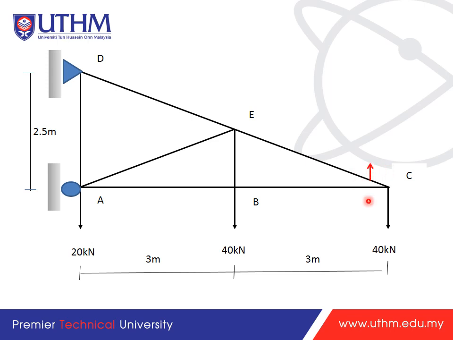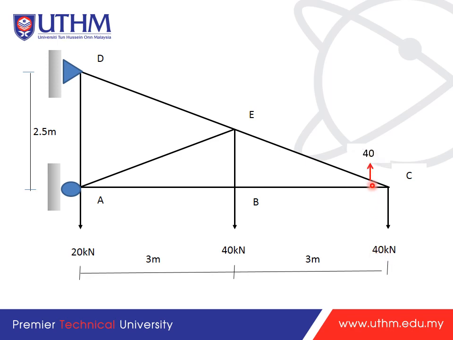So if we start here, we also can start here. How? In this part, we have the external load, which is Fy downward. To stabilize it, this one will be upward, so the total load will be 40 kilonewton.